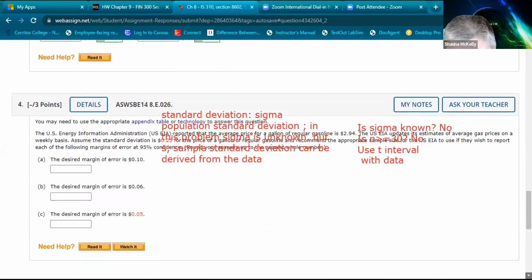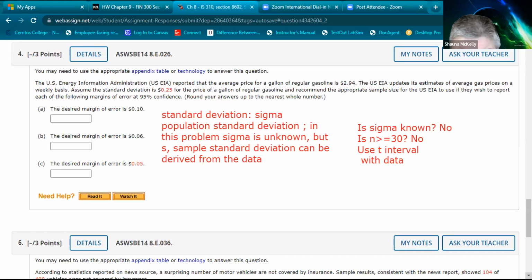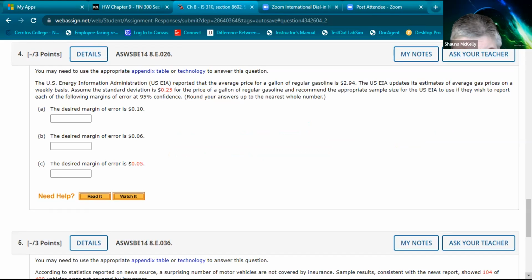Now let's go to the next question. Let me clear the drawings. It says the US Energy Information Administration reported that the average price is $2.94 a gallon. We haven't seen that for a minute. The US updates its estimate of average gas prices on a weekly basis.